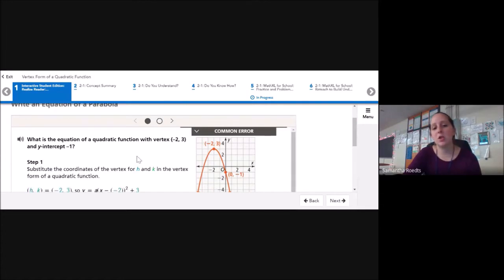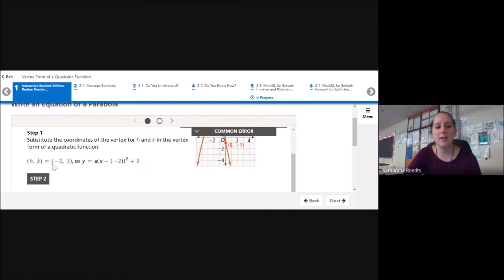I want to substitute the coordinates of the vertex for h and k. So the h value is -2 and the k value is 3. So y equals a times (x minus -2) squared plus 3.